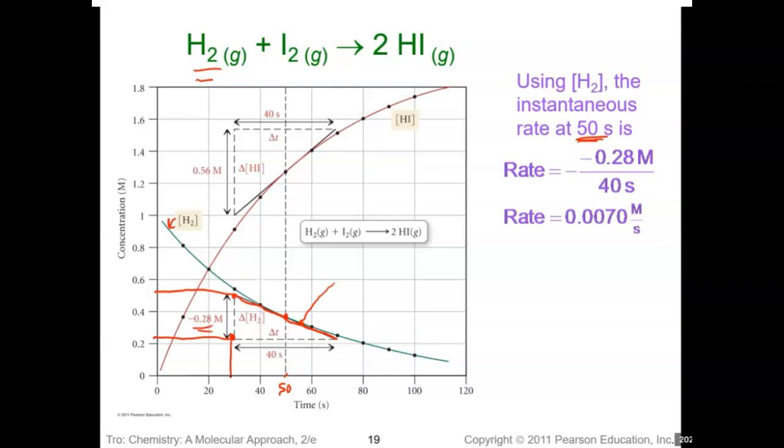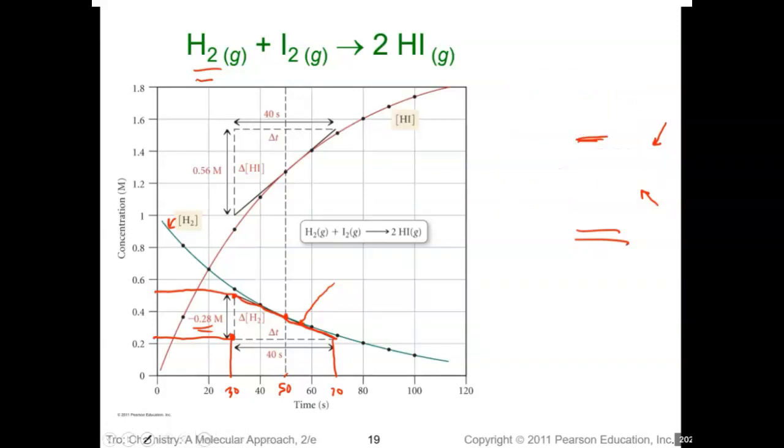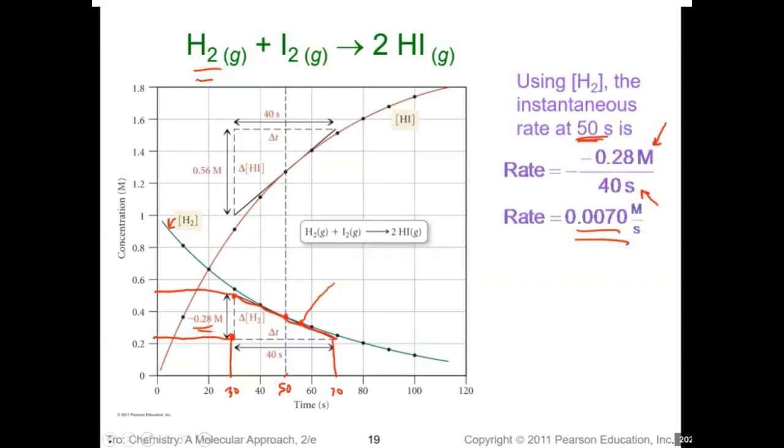The time is 40 seconds, from about 30 seconds to 70 seconds. So my change in concentration over time gives an instantaneous rate at 50 seconds of 0.0070 molarity per second.